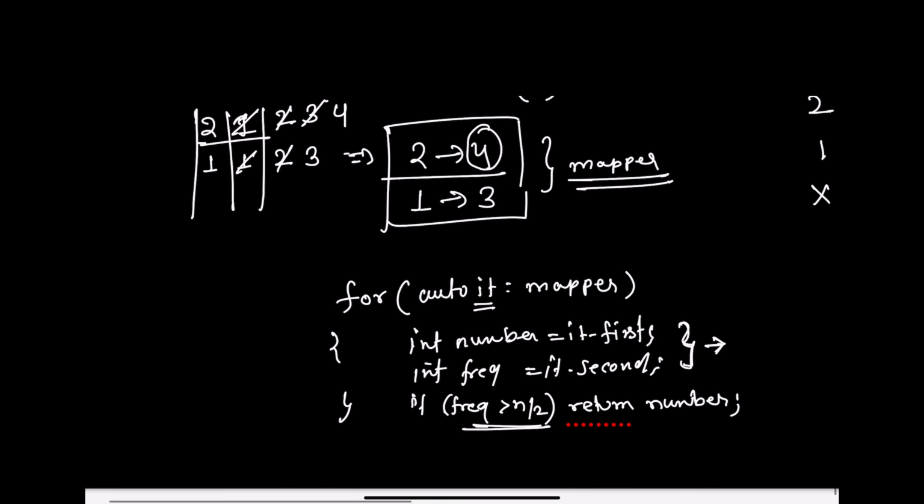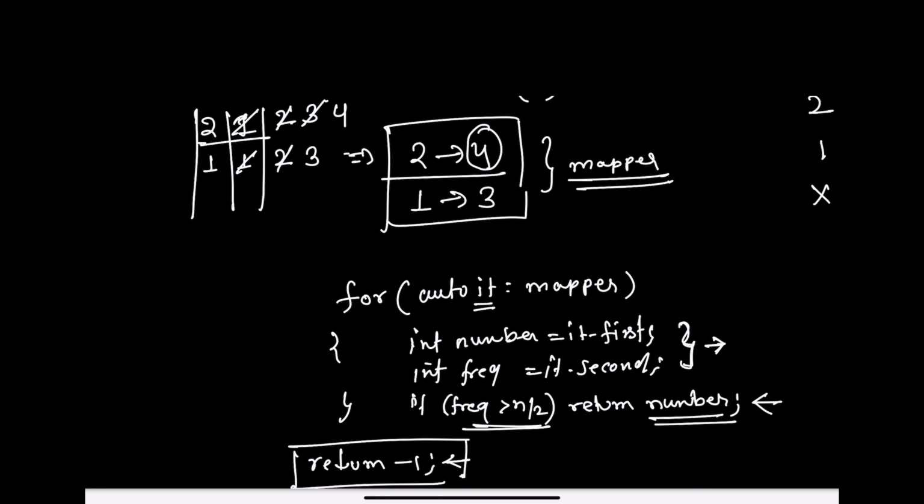If the question says there might be a possibility that no majority element is present in the given array, then at the end after this we will return minus 1. So if it is present, it will return the number which is the answer, otherwise it will return minus 1. But for this question this is not required, because the question explicitly says that a majority element is always present.